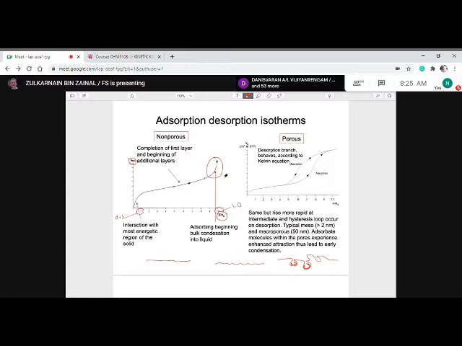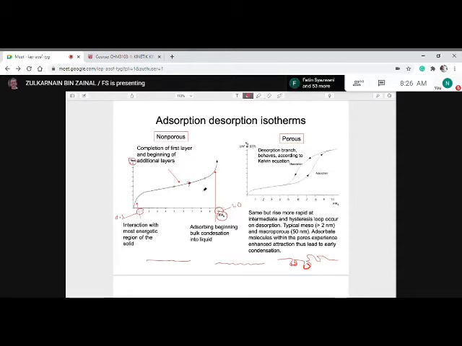After that, you can do desorption by lowering the pressure. You can see the arrow there increasing the pressure, and after increasing the pressure, what you do is decrease the pressure, from high pressure to low pressure.